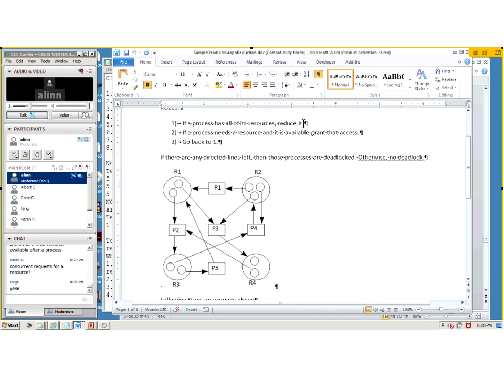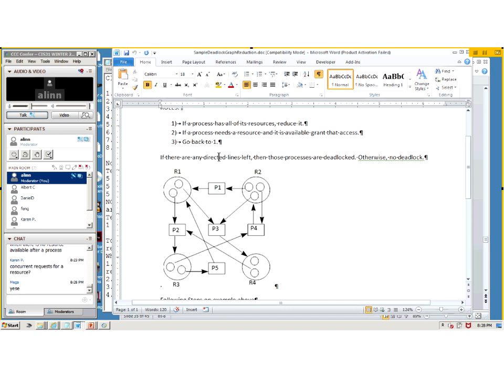Okay, the rules are real simple. Step 1: if a process has all of its resources, reduce it. In other words, remove it off the chart, and that releases any resources it owns. Step 2: if a process needs a resource and it's available, grant the access. Step 3 is go back to step 1.